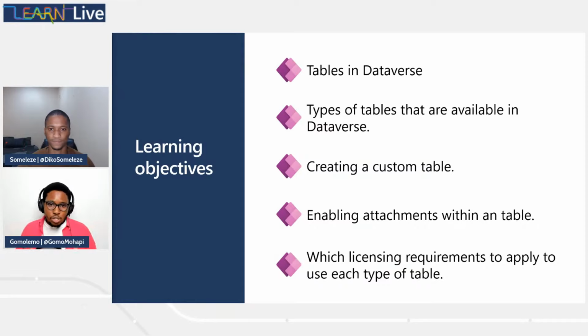First, we're going to be talking about how to define tables in Dataverse, and then go on to learn about the different table types that are available to us. Then we also have a few demos in store for you to show you how to create a table within Dataverse, as well as walking you through the steps of how it is done.